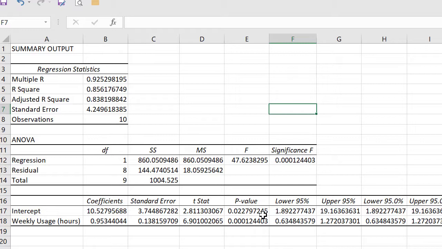If we're looking at 0.05, this p-value is less than 0.05, so it's significant. So is this one. We also see that our 95% confidence interval ranges from these values, and it doesn't cross 0. So we can say that they are significant.